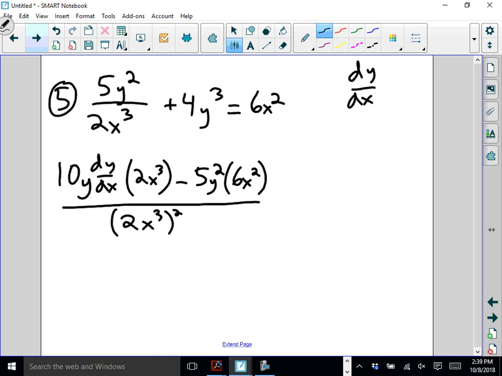So there's my whole quotient rule. It's pretty unsimplified right now. I'm going to simplify that in my next step. But I want to continue to do my derivative along the way here. My derivative of 4y cubed would be 12y squared dy dx. And that has to equal 12x.